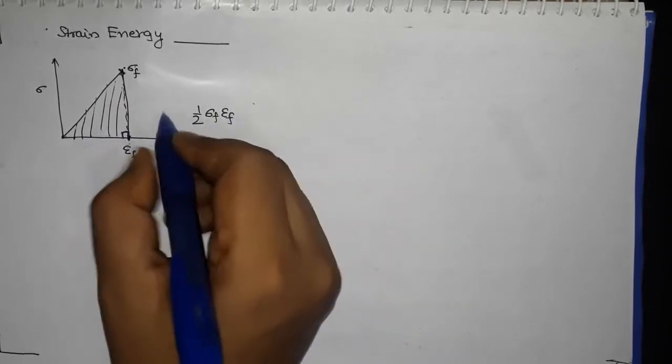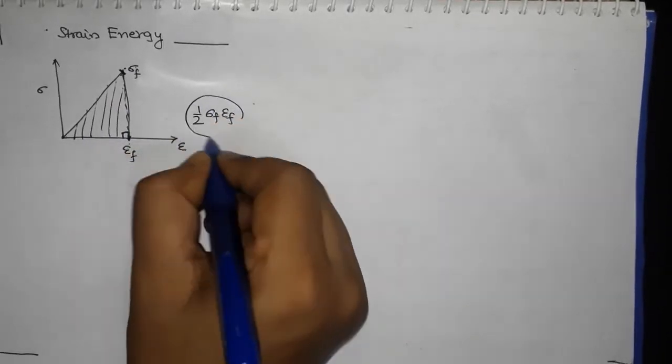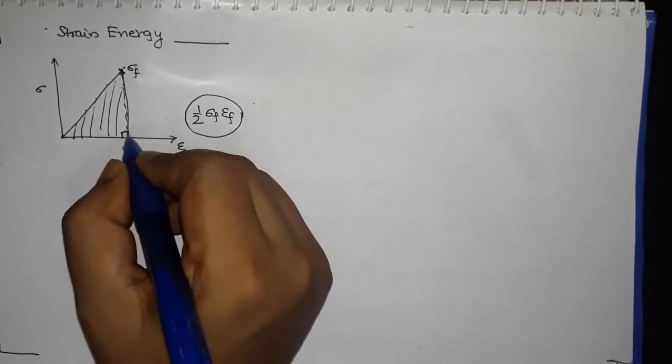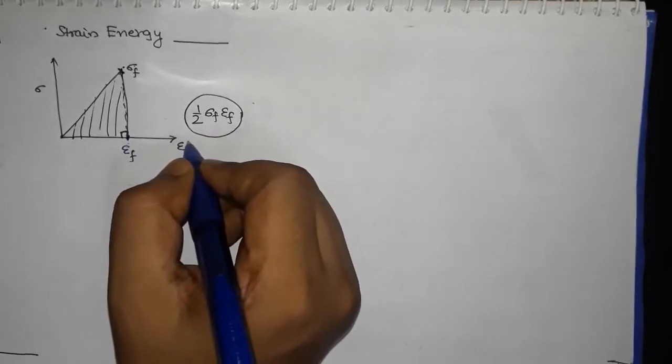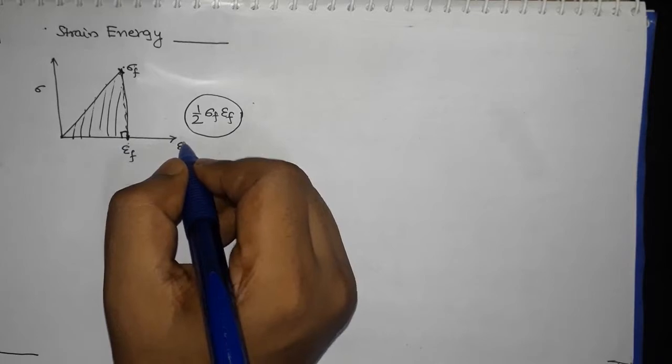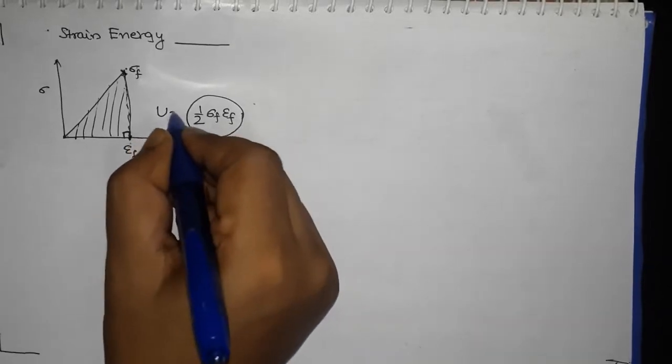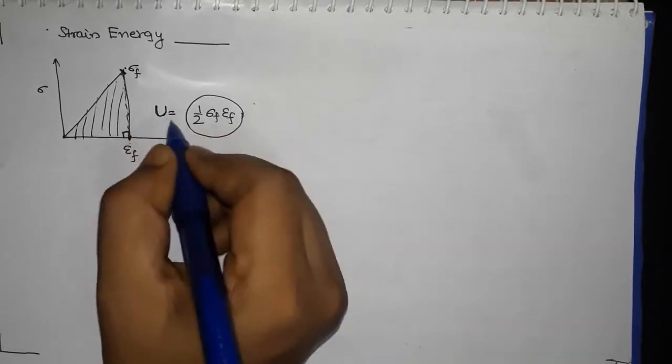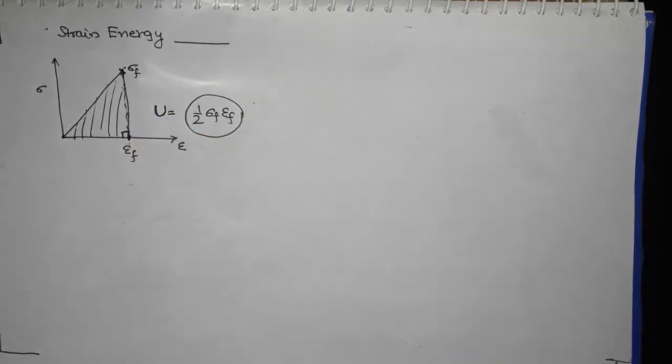This is the area under this curve, and this much amount of energy has been consumed by the specimen. So a specimen has taken this much amount of energy you have supplied to the specimen.